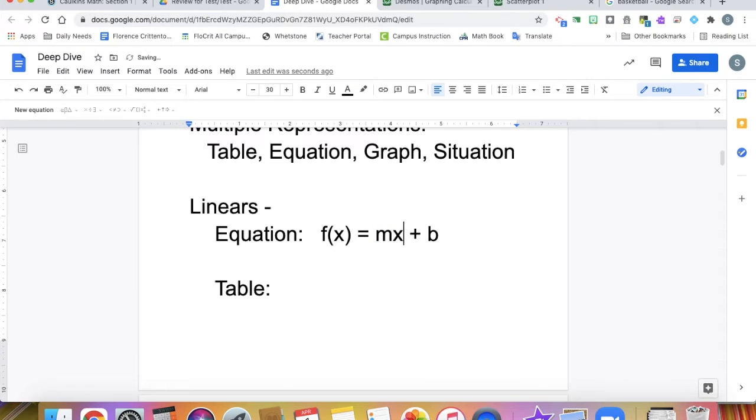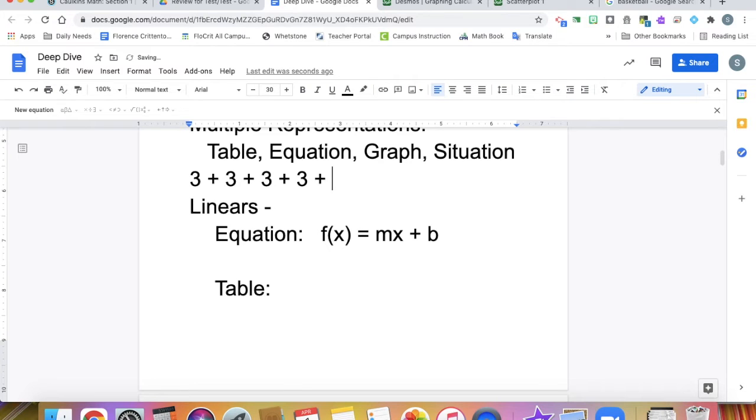The reason why this equation works for linears is because what it means to be linear is that you're either adding or subtracting the same amount each time. So let's say every time you get 3 more. After one time you're at 3, but then after a second time, you have to add 3 more. And by time number 3, you have to add 3 more. And by time number 4, you have to add 3 more.